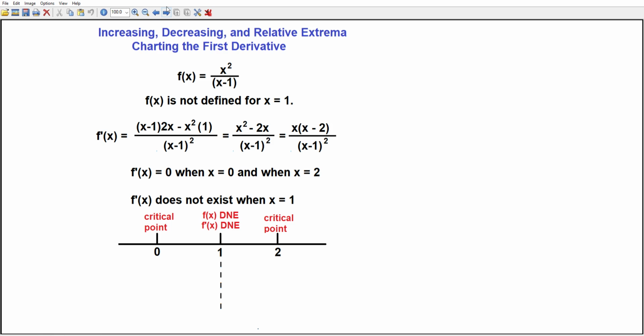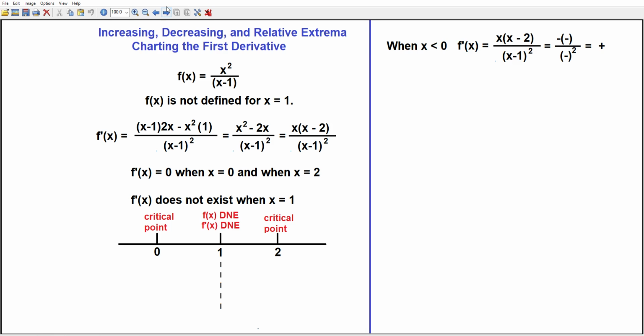The next thing to do is to look at what's happening to the function in various intervals. When x is less than 0, f prime of x looks like x times x minus 2 over x minus 1 squared. X is less than 0, x minus 2 is less than 0, and x minus 1 is less than 0.